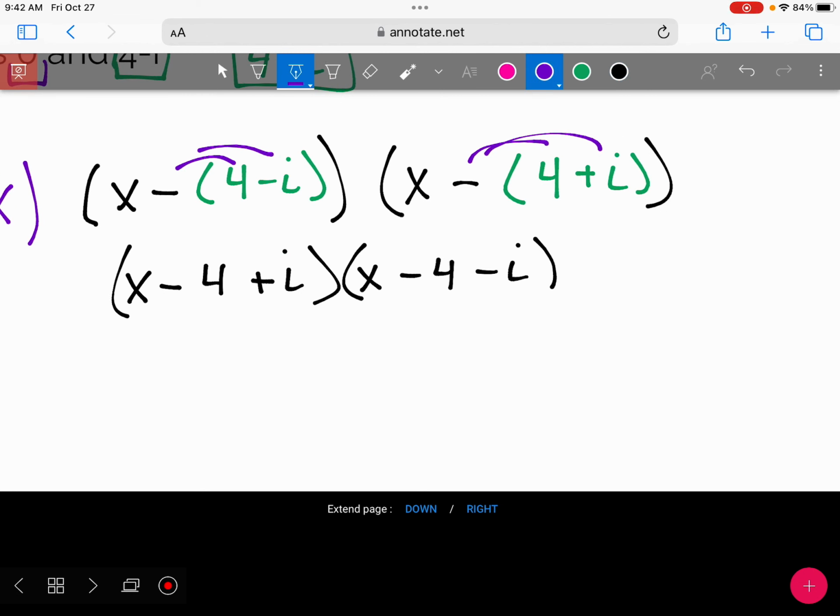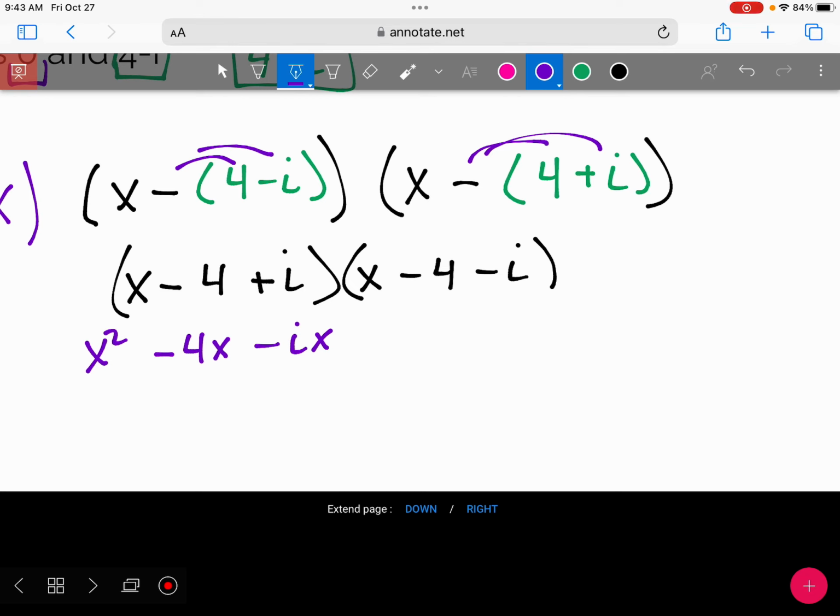It worked, I'm taking it. So we're going to have our x times x, which is x squared. X times minus 4, minus 4x. X times minus i, minus ix. Gross, but it's a thing.